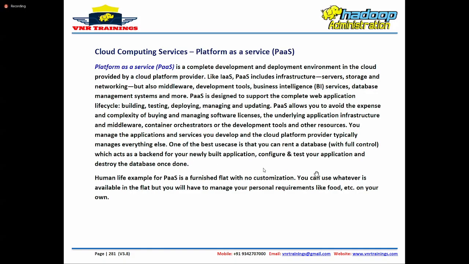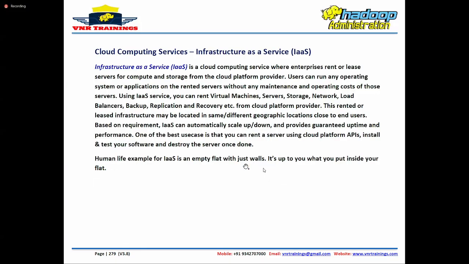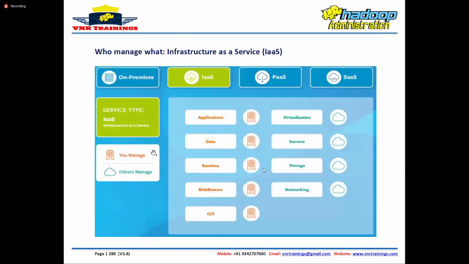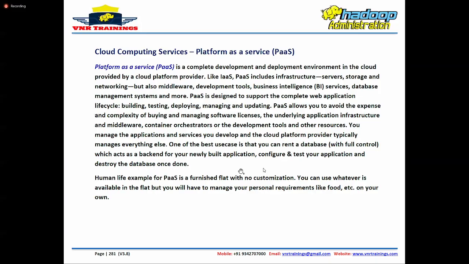You see here, in the previous example you are taking a server, installing the OS, installing prerequisites, installing your software and testing it, and once it is done, you are destroying it. But when it comes to the PaaS model, you are taking a database for rent.